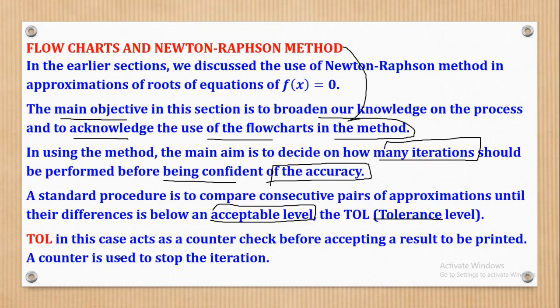So this tolerance acts as a counter check before accepting a result to be printed, and a counter is used to stop the iteration. We shall see under the examples how this tolerance is used. I believe you're already aware of this word because we also covered it under root location and approximation.